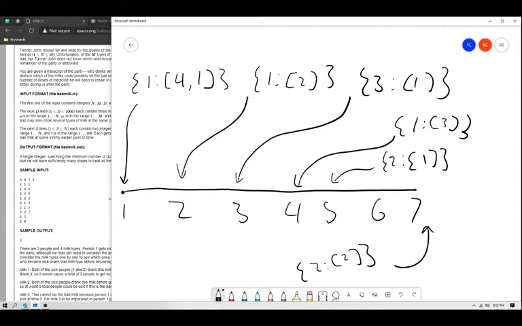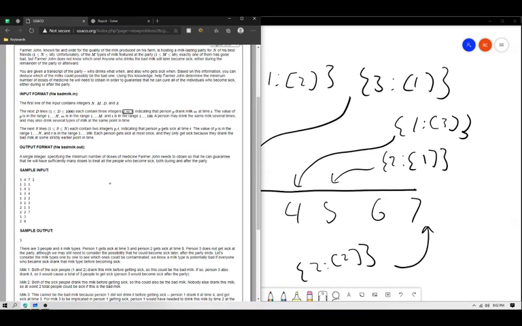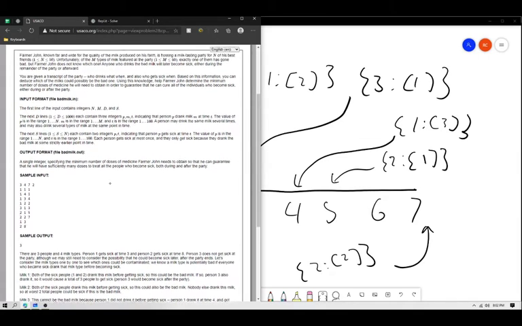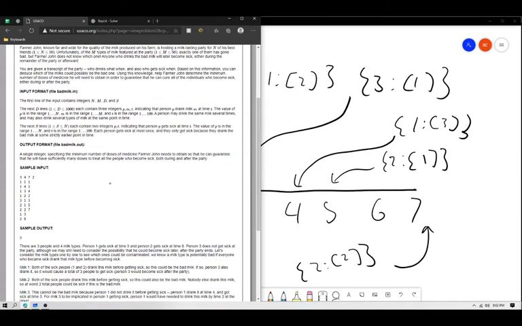Alright. And so we want to find the minimum number of doses of medicine that will guarantee Farmer John.